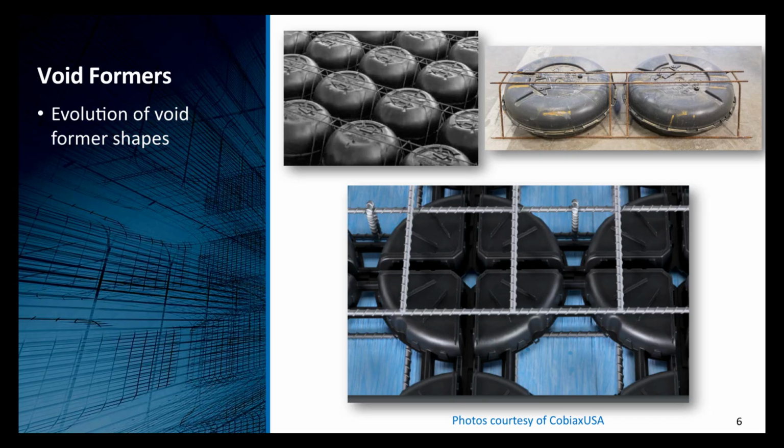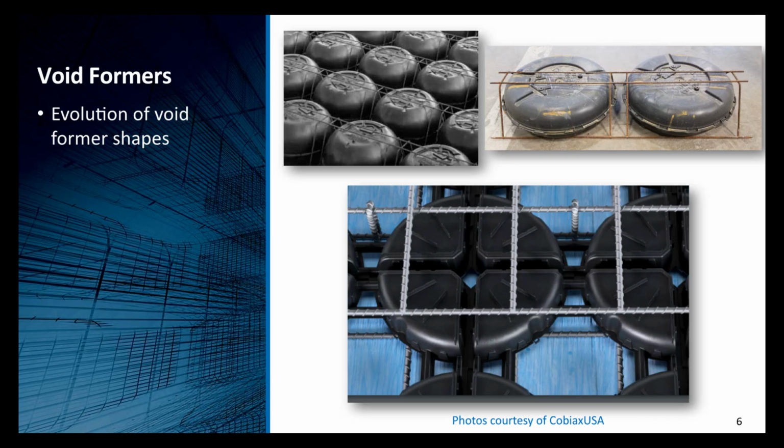One of the fundamental differences between the two is that, as you'll see when we talk about how these are actually constructed, you'll never know that those void formers are inside the concrete because you have a flat soffit on the bottom, unlike a waffle slab where you see the entire waffle panel. Again, totally different systems. The reinforcement is different, but the main similarity between the two is that these void formers remove concrete where we don't need it.